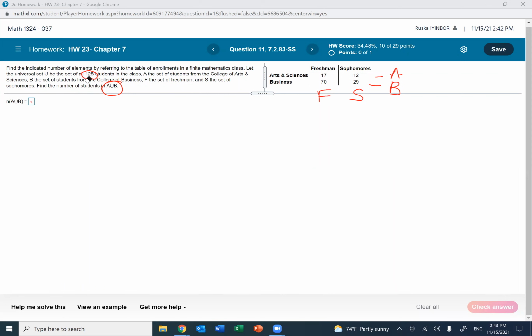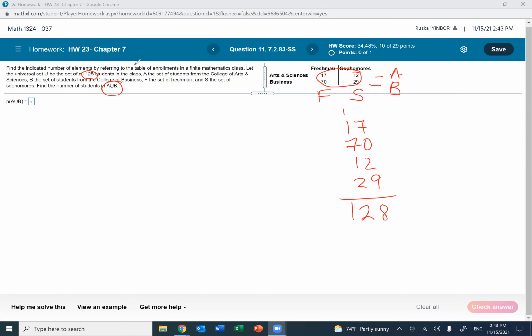The next question, we have another one, something like that, but here we have 128 students given, and again the same idea, but the numbers are changed. They're asking A union B. So A union B is going to be just adding all these numbers. So when I add 17 plus 70, and also 12 and 29, it's going to be 128, which is the total number, right?